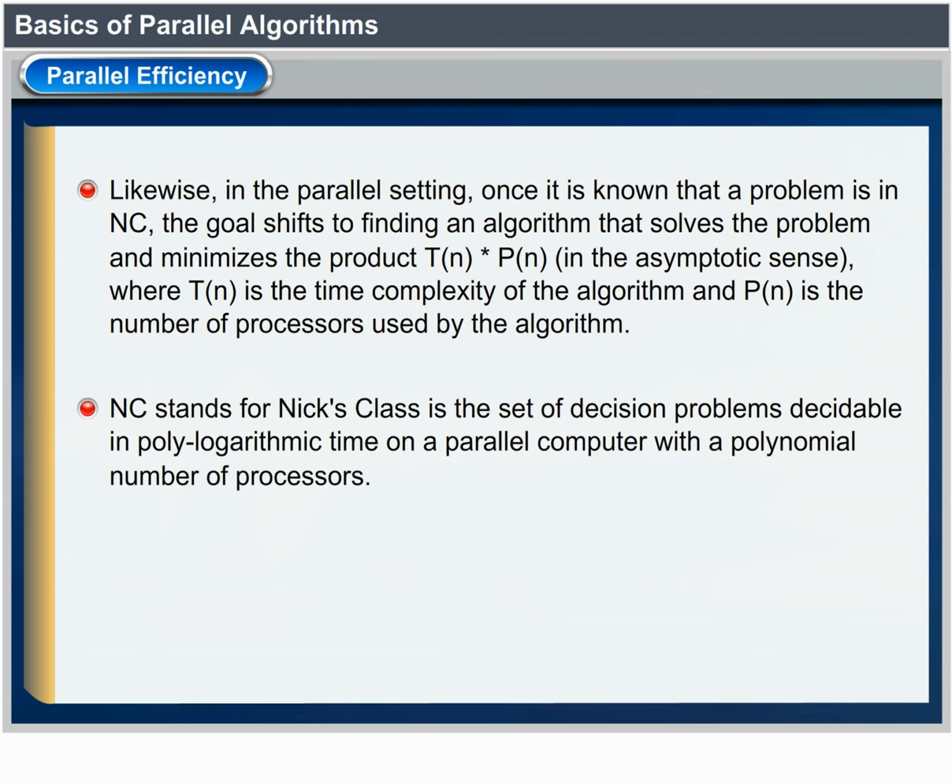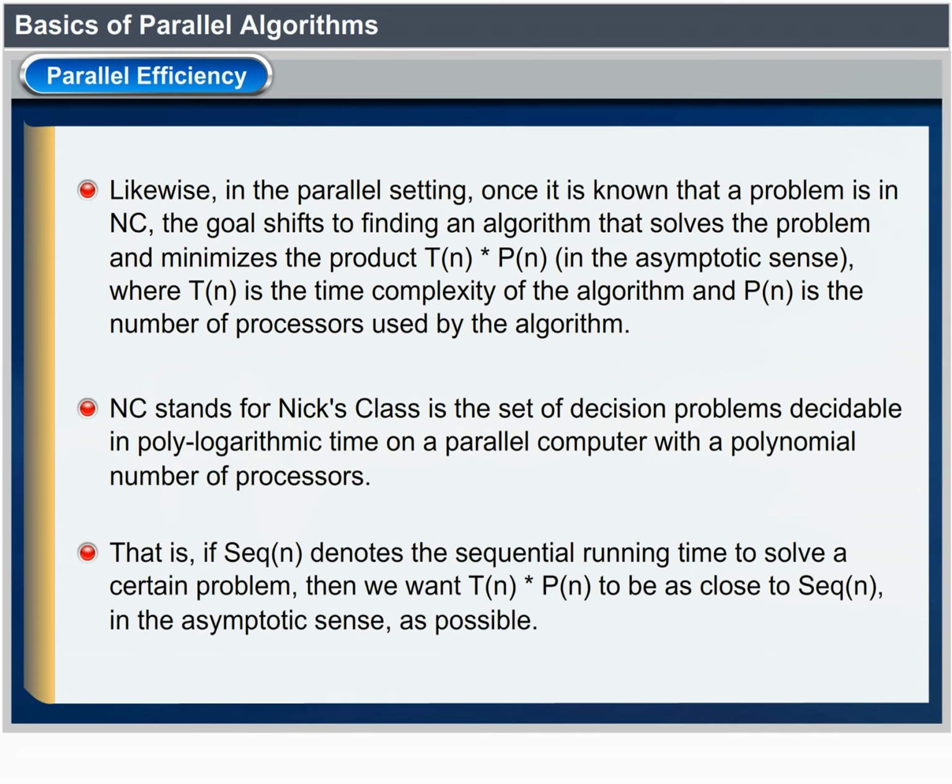NC, which stands for Nick's Class, is the set of decision problems decidable in polylogarithmic time on a parallel computer with a polynomial number of processors. That is, if S(n) denotes the sequential running time to solve a certain problem, then we want T(n) times P(n) to be as close to S(n) in the asymptotic sense as possible.